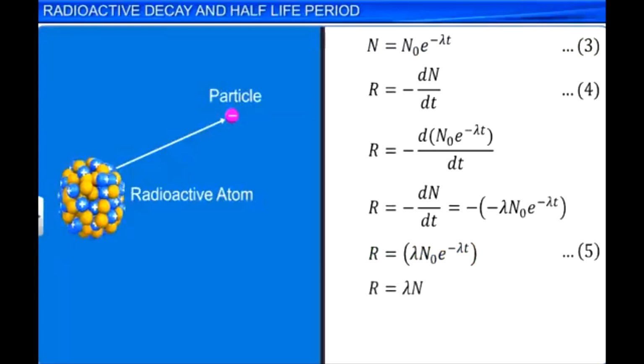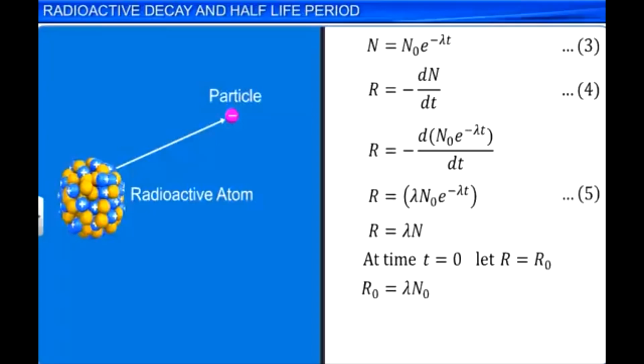Then, R naught can be written as R naught is equal to lambda into N naught. Substituting R naught in the place of lambda N naught in equation 5, we get R is equal to R naught e power minus lambda t. This is another form of the law of radioactive decay. Let this be equation 6.